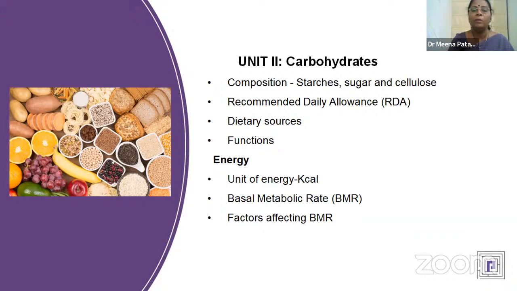They are the ones who formulate the recommended daily allowances of various nutrients from carbohydrates to vitamins and minerals for Indians. So every country has its own RDA, and this RDA is given to us by ICMR after a lot of research and after a lot of survey among the population.